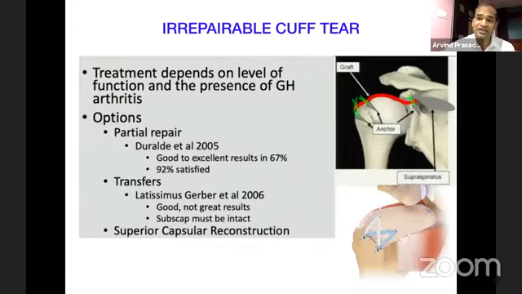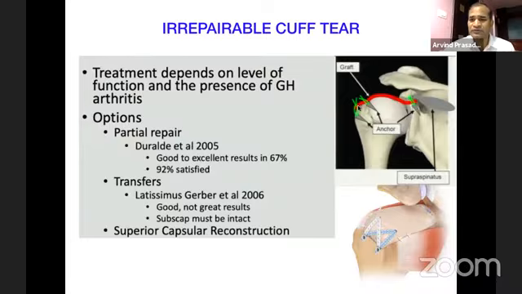Recently, there is superior capsular reconstruction that was started by Mihata from Japan using tensor fascia lata, and now allograft is also there, and artificial patch is also used for the superior capsular reconstruction.